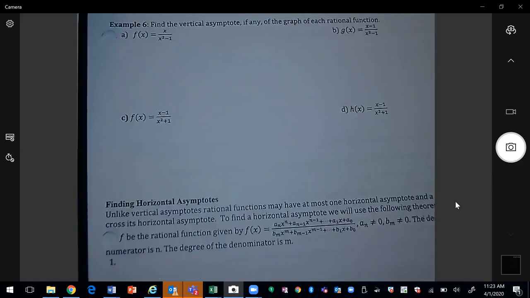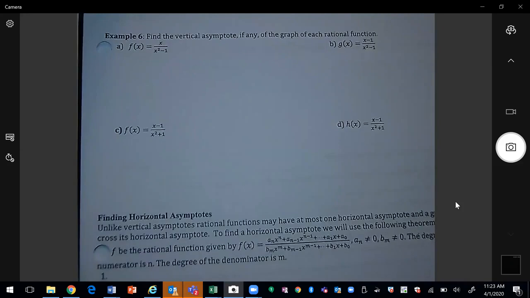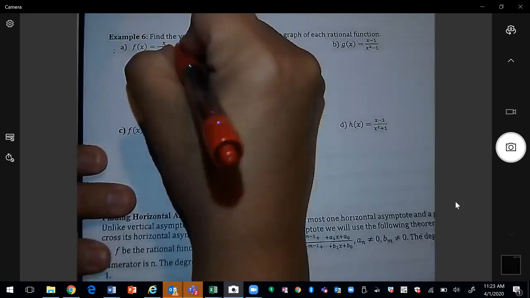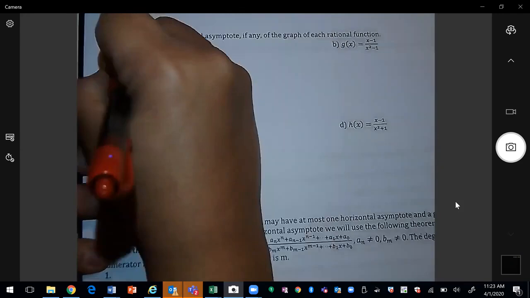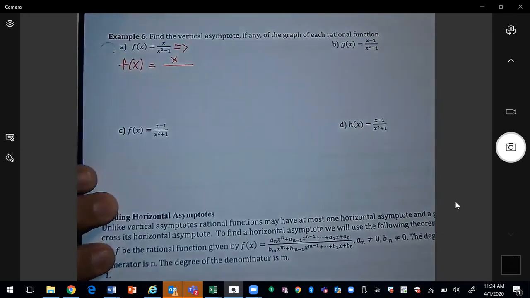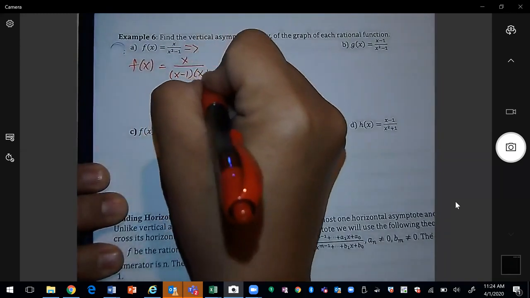So it says find the vertical asymptote, if any, for each graph. So the first thing is to factor the numerator. So here, x is already factored, but x squared minus 1, we can factor as x minus 1, x plus 1.